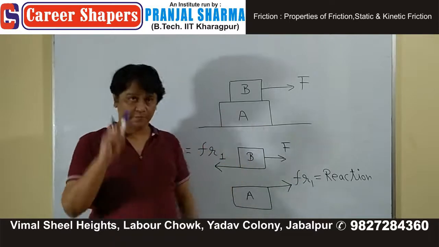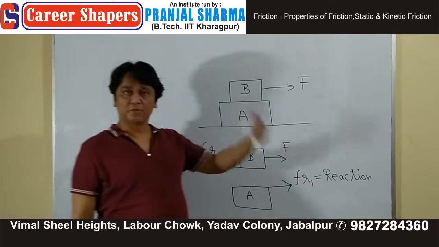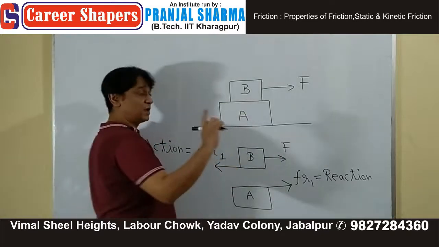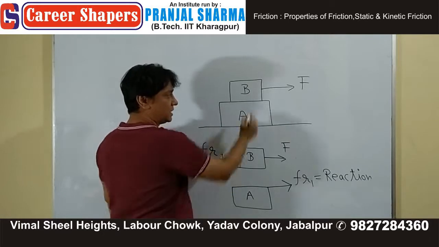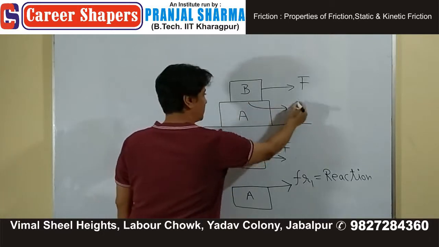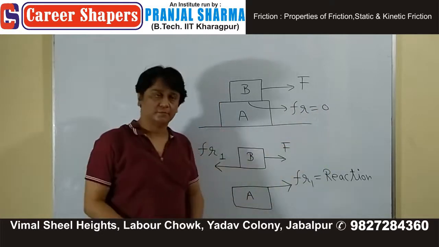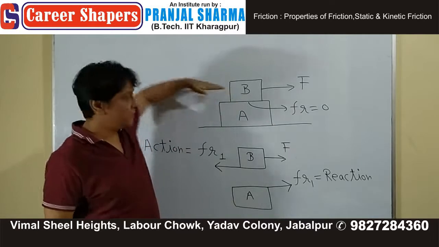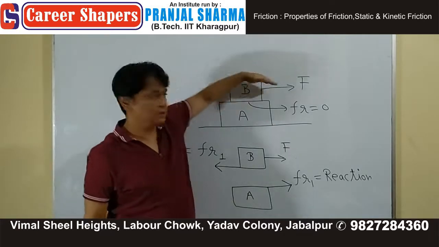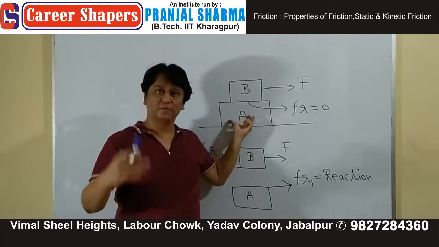Why so? Think here. I hope you can visualize that if the friction at this place between B and A was 0, suppose there is no friction between B and A, then if you try to move B, this A cannot move at all.